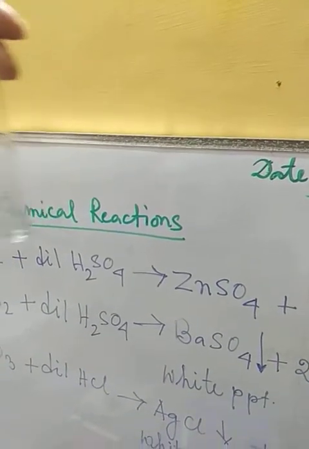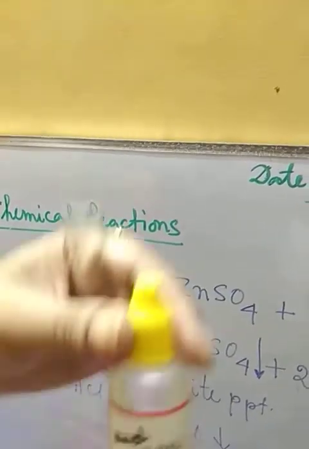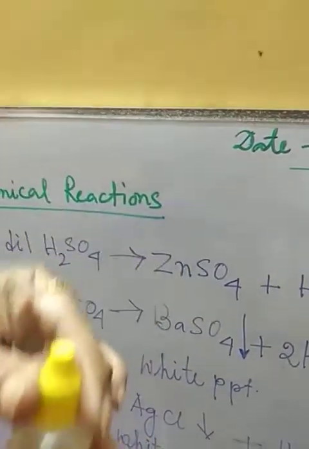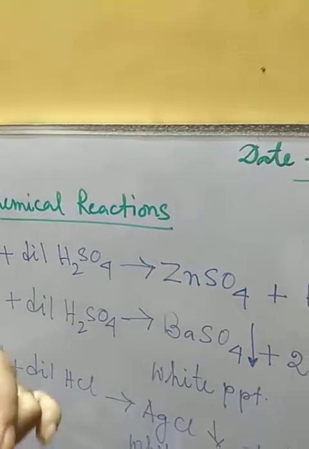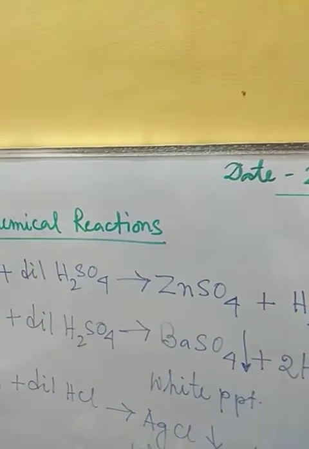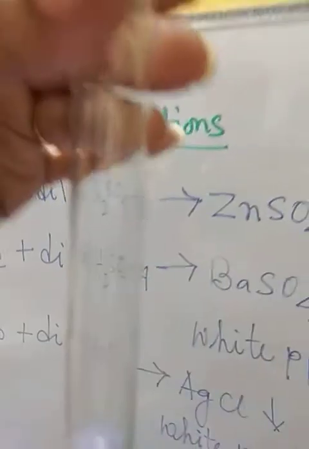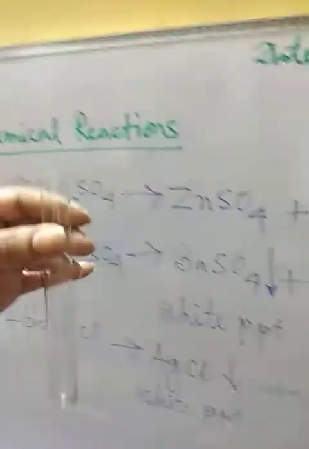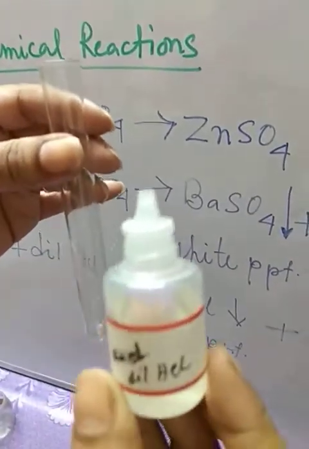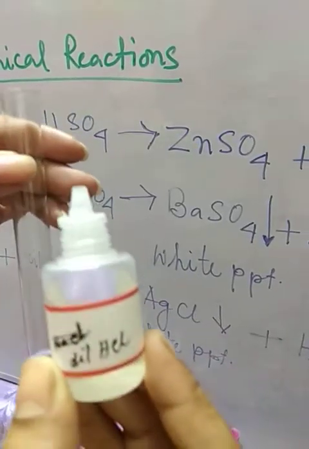Next, in this we are going to add this dilute hydrochloric acid. See, this hydrochloric acid is also in diluted form, as we have seen for sulfuric acid, H2SO4.